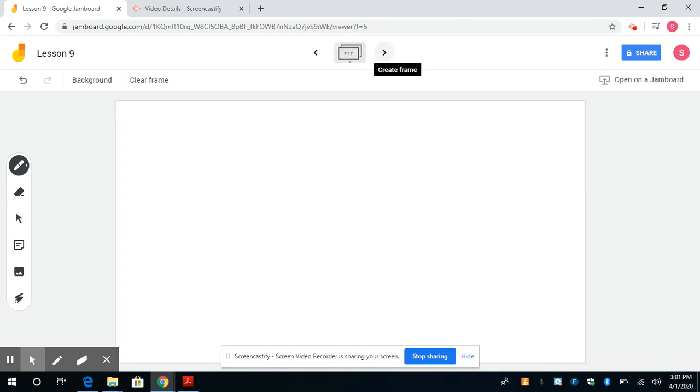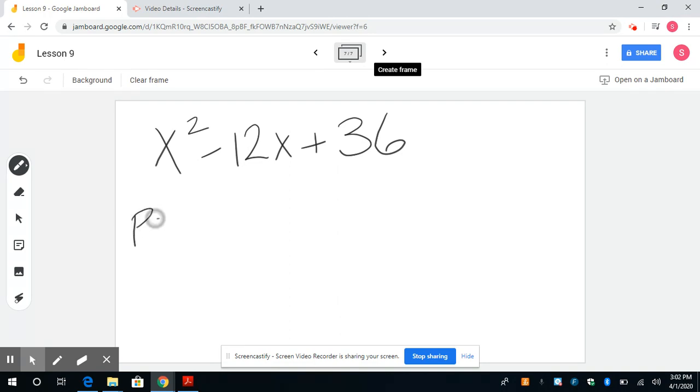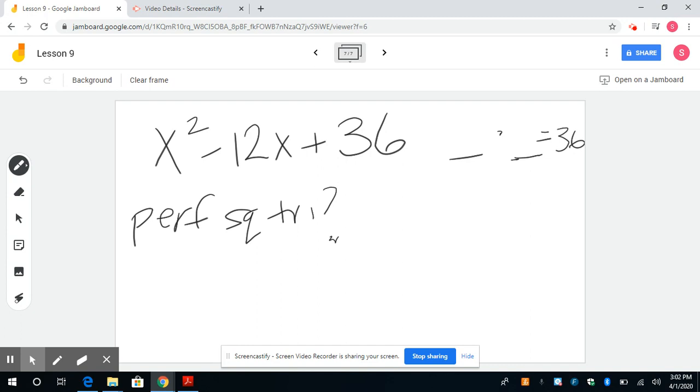Let's try another one. If we had x squared minus 12x plus 36, is this a perfect square trinomial? Let's say what 2 numbers multiply to 36 and add to negative 12. Well, negative 6 plus negative 6 is negative 12.